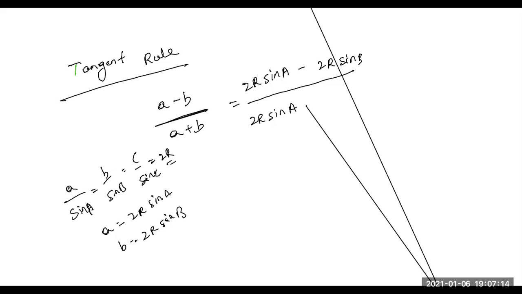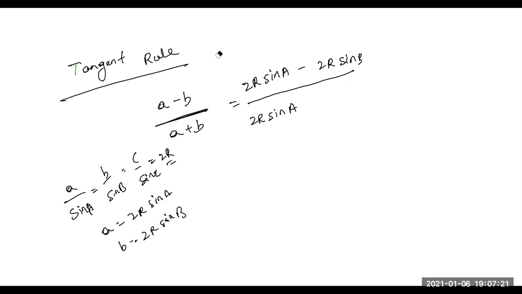divided by 2r sine a plus 2r sine b. Here 2r is common, so 2r will get cancelled.